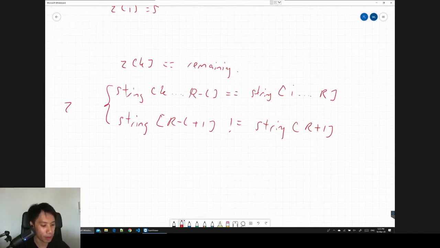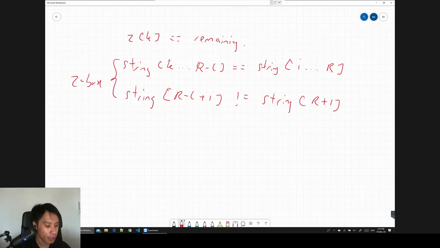This is from our Z box. But we also know the string of K all the way up to remaining is the same as the string from position 1 all the way up to remaining.